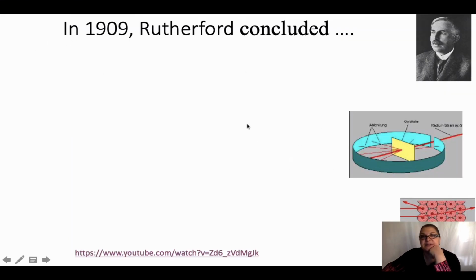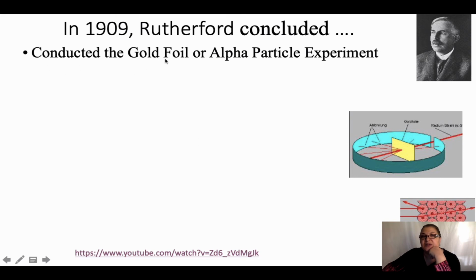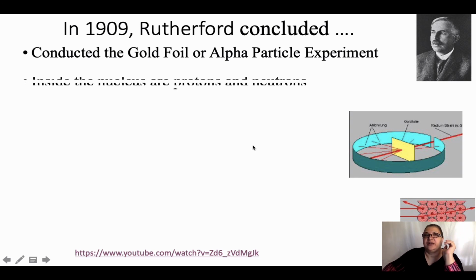So for Rutherford, his experiment is called the gold foil alpha particle experiment. The beams that go through, that means they went through empty space. But when it deflected or bounced back, that means it hit something or repelled when it hit a charge.